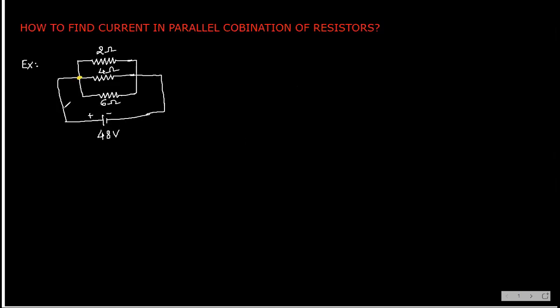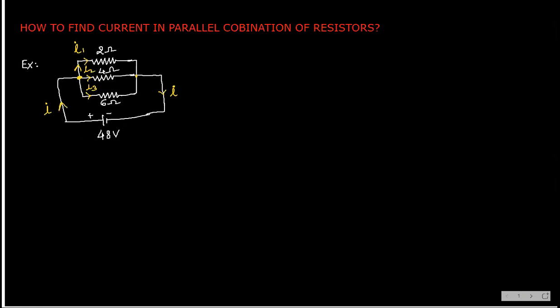Till here you will get only current I, yes or not? And when it is coming out, this is I only. But here you are having 3 branches, so this current is going to divide. Let us denote it as I1, this current as I2, and this current as I3.